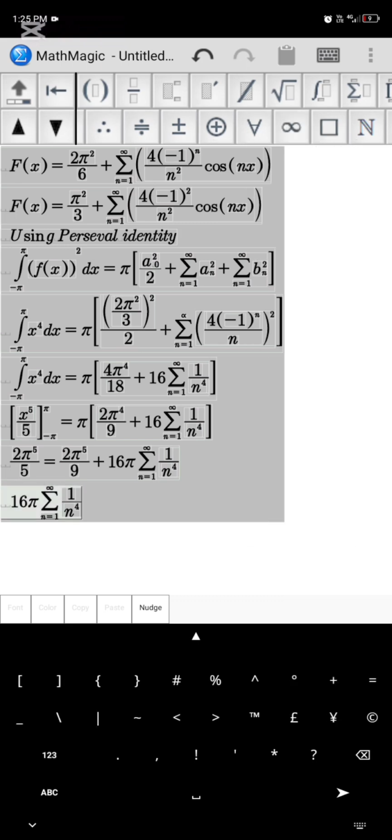So everything will just be equal to 8 pi raised to the power of 5 over 45. That's what we're going to get.